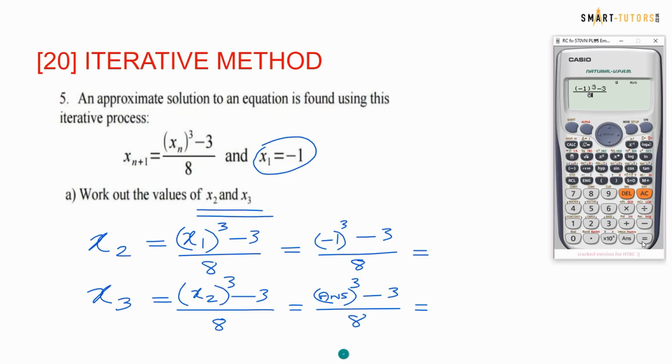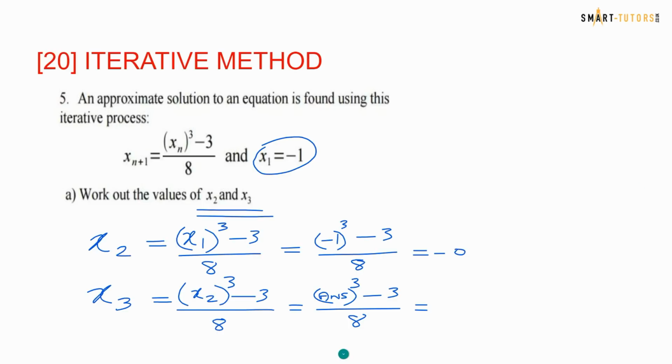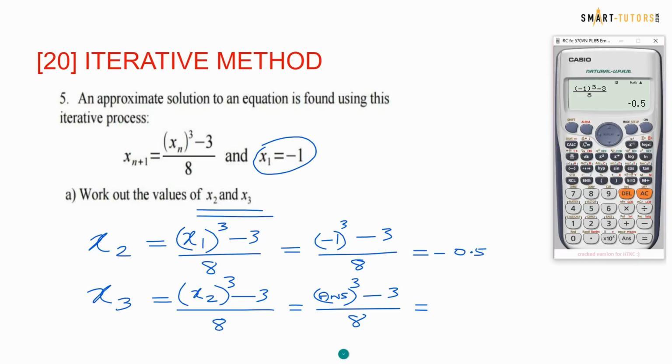That is exactly what you see for x2, and the answer is minus 0.5. That minus 0.5 is stored in the calculator's memory. So if I press AC, then answer and recall, equals, the answer is the same. Make use of that calculator function.